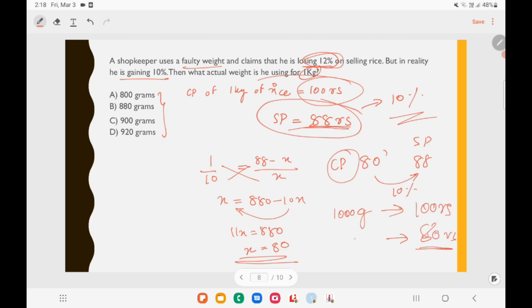If the cost price is 80, what is the weight? Just cross multiply like this. 1000 into 80 is equal to 100 into x, so x is equal to 800. So in place of 1 kilogram, he is only selling 800 gram. That's why he is gaining a profit of 10%. So the answer is A, 800.